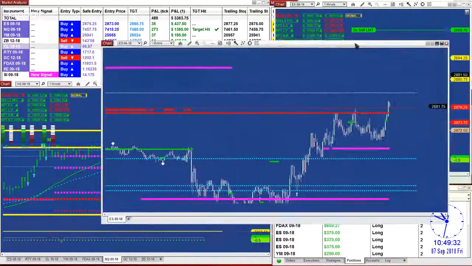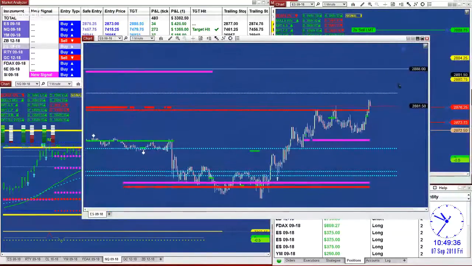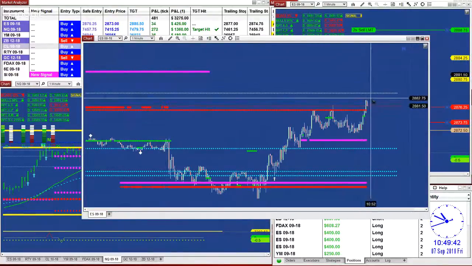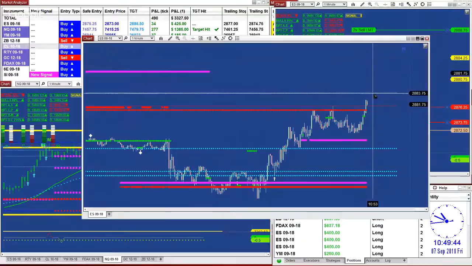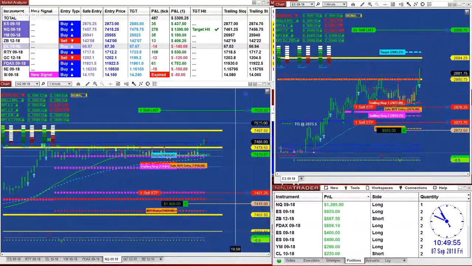Right now, let's look at the ES. The resistance is no longer a resistance, it has become a support line. Let's see how they finally broke that thick wall on the ES. Let's keep our eye on that.